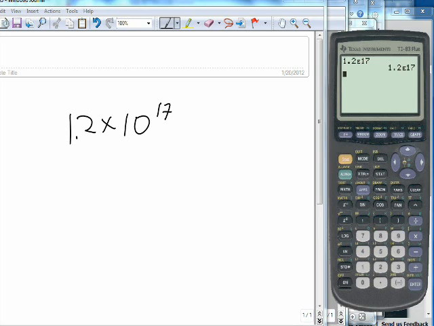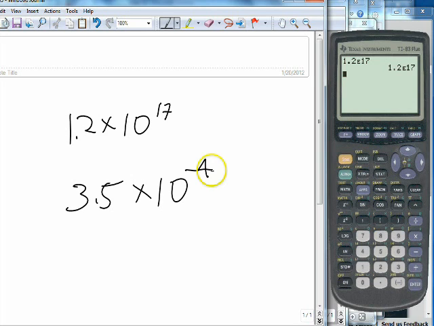Let's do a negative exponent. How about 3.5 times 10 to the minus 4th? You just plug it in: 3.5, second function double E, and we use a little negative. Don't use the subtraction, use this little negative. 4, enter, there we have it.